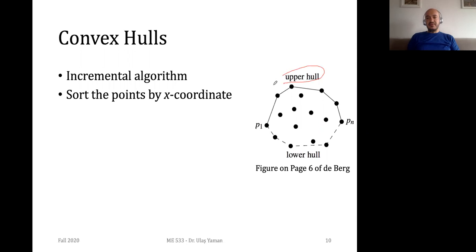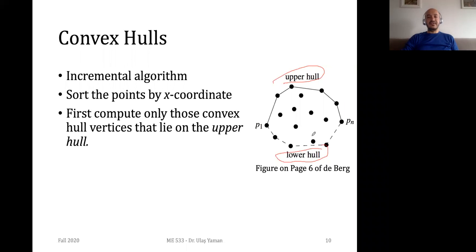This is the upper part of your convex hull, and then we have the lower portion, which is obviously at the bottom part. After you sort all these points according to their x coordinates, you will first work on the upper hull. And once you are done with the upper hull, you will work on the lower hull, and then finally you can merge these two sides together and obtain the whole convex hull of the given set P.